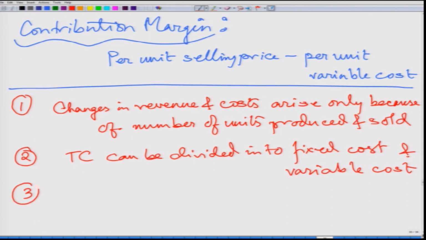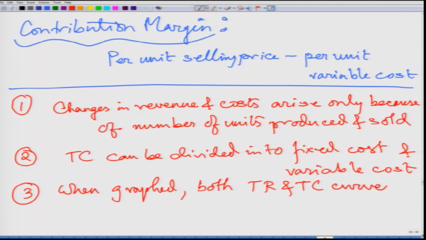The third is when graphed, both total revenue and total cost curves will be linear.